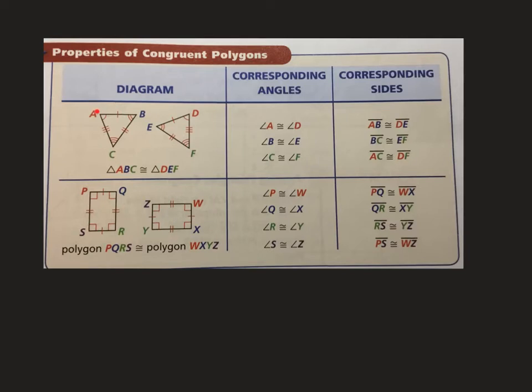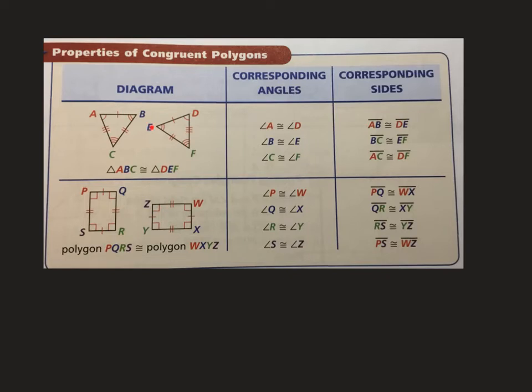So here I'm talking about segment AB, starting at the angle with 1 marking and going to the angle with 2. When I go over to the second figure, I want to go from the angle with 1 marking to the angle with 2. So I'm going to say AB is congruent to DE.